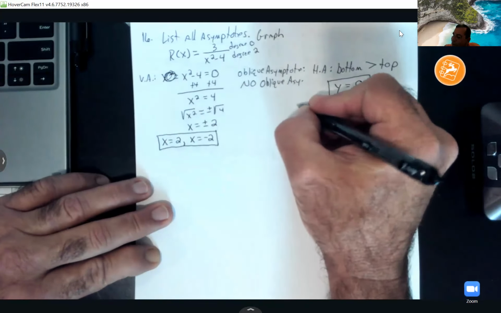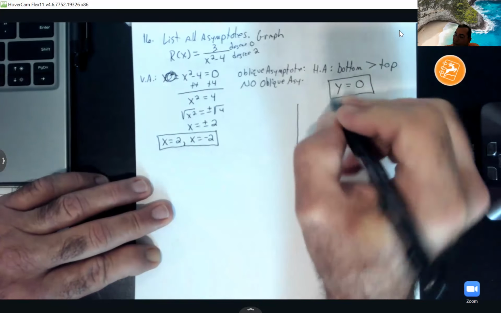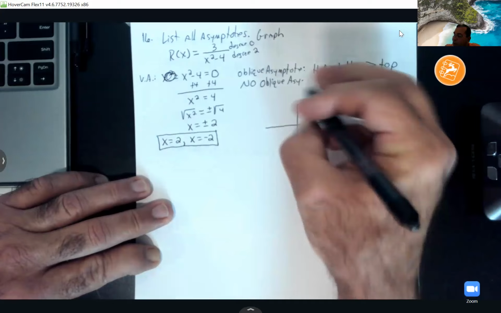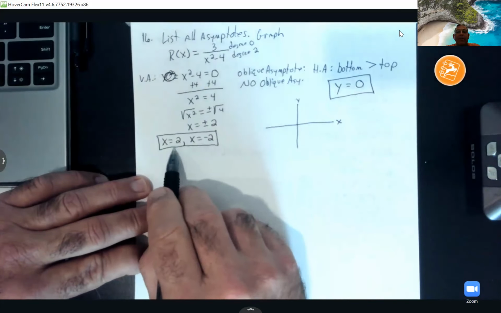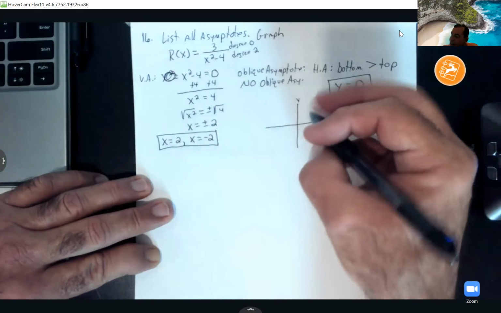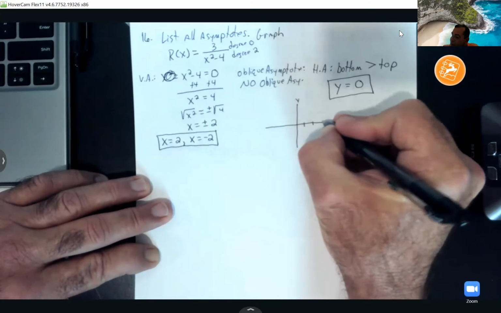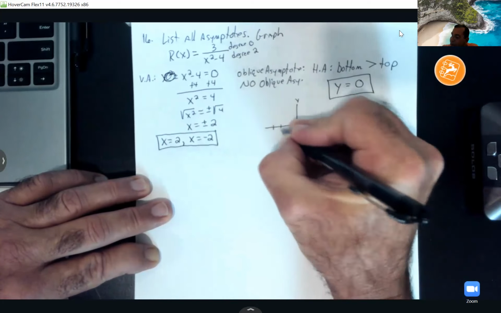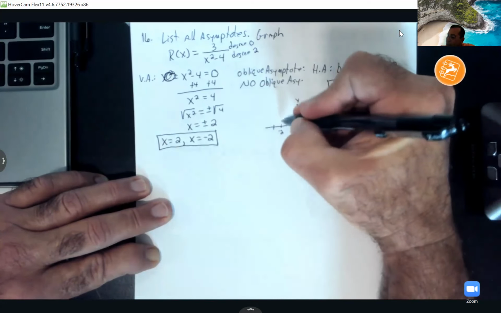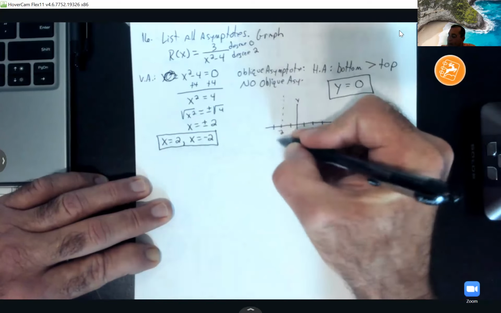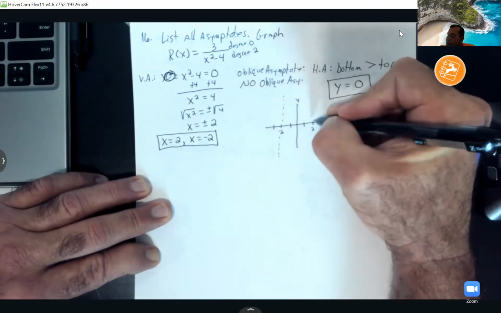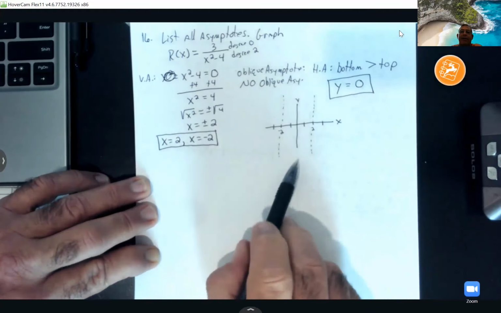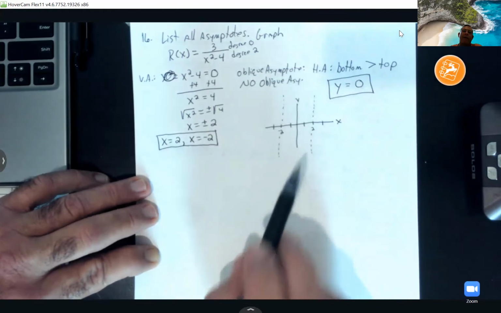Now, let's just sort of play with this a second, and then I'll show you how to graph it. So since my vertical asymptotes are at 2 and negative 2, so here's 2, and here's negative 2, you should have asymptotes at the 2 and the negative 2. Okay.